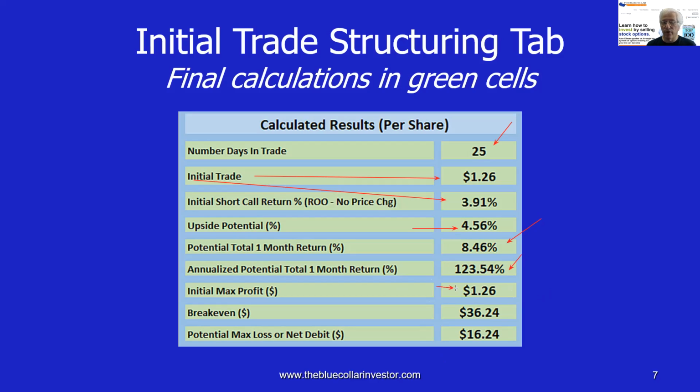Now the max profit is 1.26, as we showed you over here. And the break-even point is 36.24. In other words, if we close the trade when the stock is trading at 36.24, we have a net zero return. It's a break-even point. What's our maximum loss?